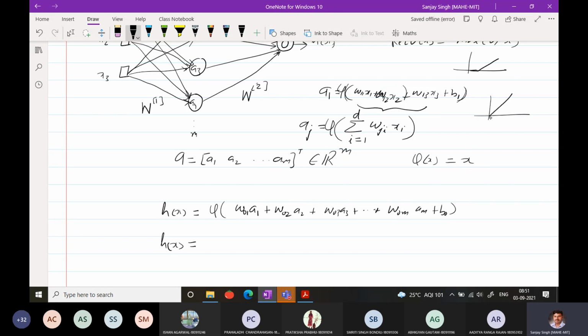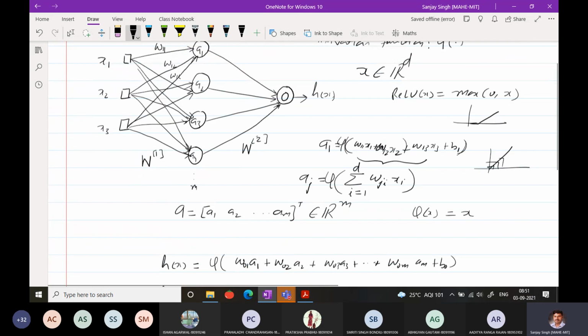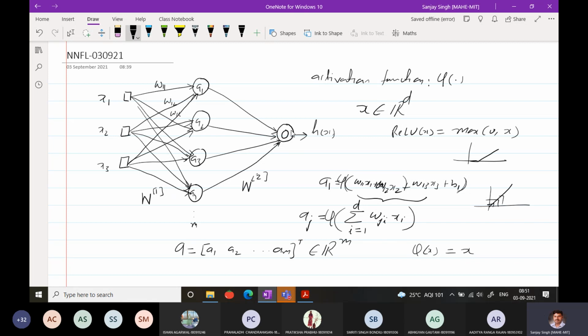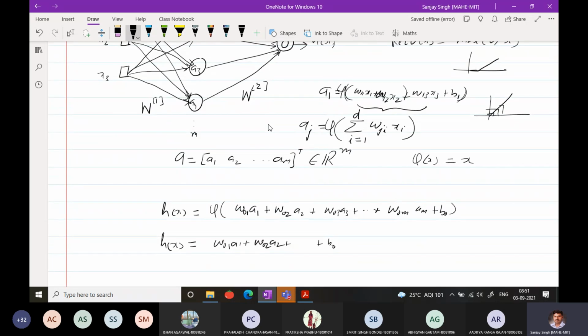So ultimately, what I'm saying is that I can write W_O1 A1 plus W_O2 A2, etc., plus B_O. Now let me write it in a more formal way. Forget about all these things and say this is layer 1, this is layer 2, which I'm denoting with a superscript in square brackets 2. So do you mind if I write this entire thing in a more formal setting as a vector representation?